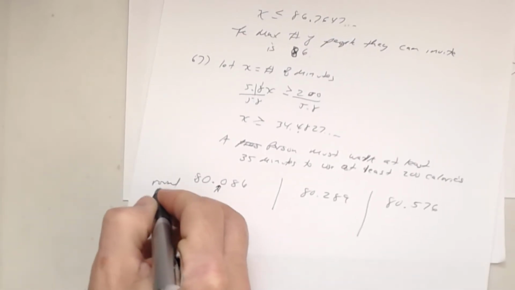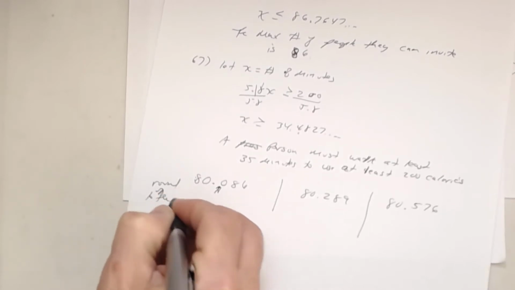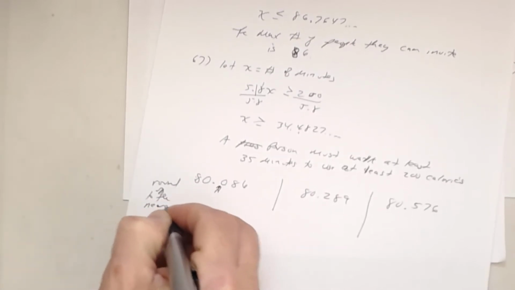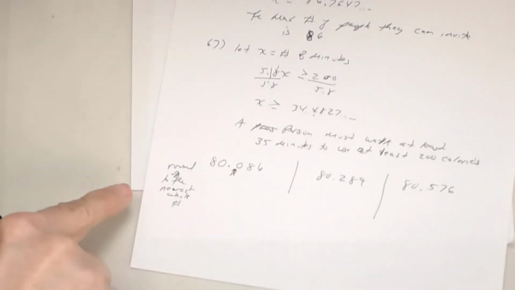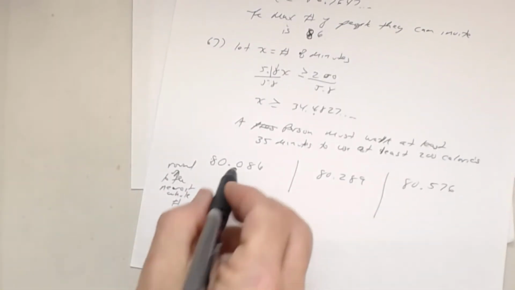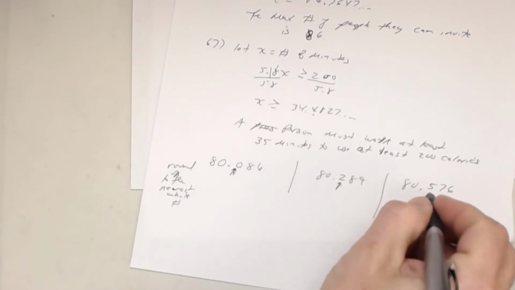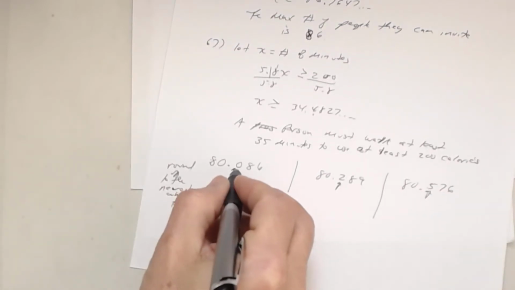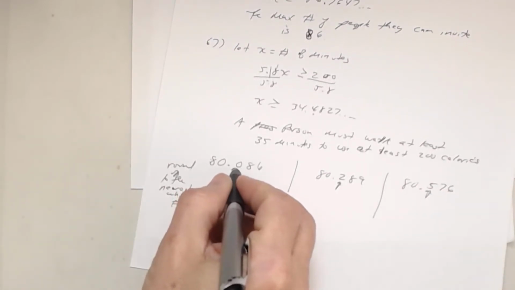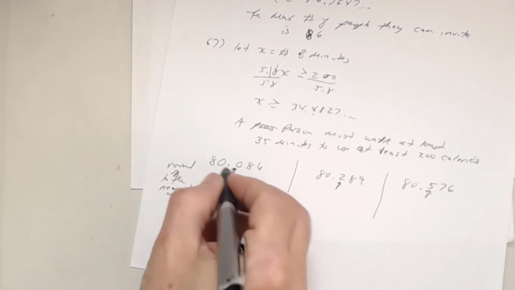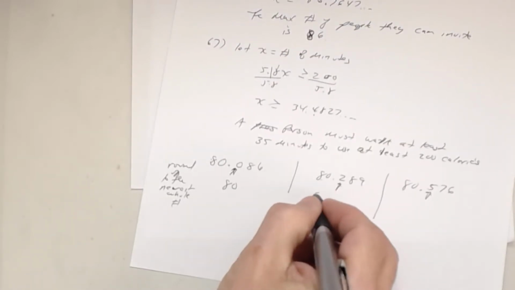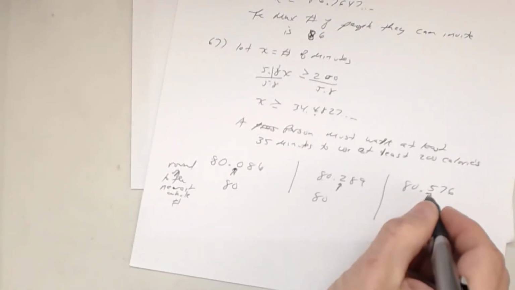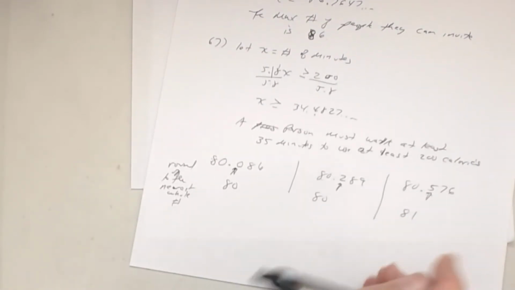So if I say round off to the nearest whole number, you've got to look at the tenths place. Since that's less than 5, 80 stays 80. Since that's less than 5, this stays 80. Since that's 5 or more, this becomes 81.